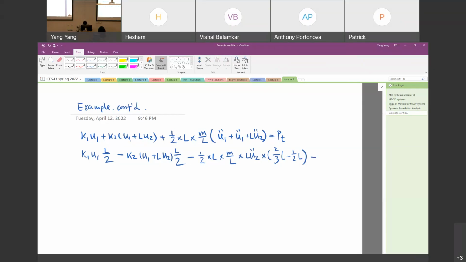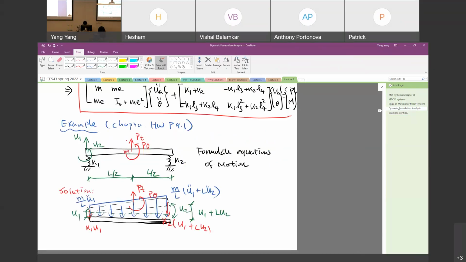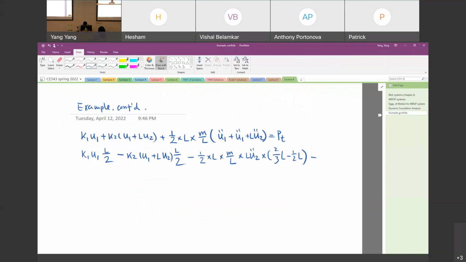What is the direction of theta? That should be minus. So that's about the moment.